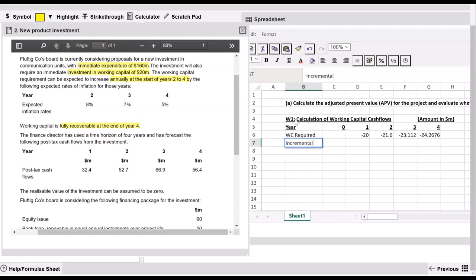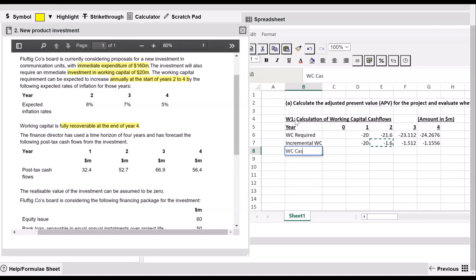arriving at the incremental working capital, initially investing 20 million and then investing only the excess that is required, which is 1.6, and a further excess of 1.512, and in the final year the excess that is required is 1.1556.